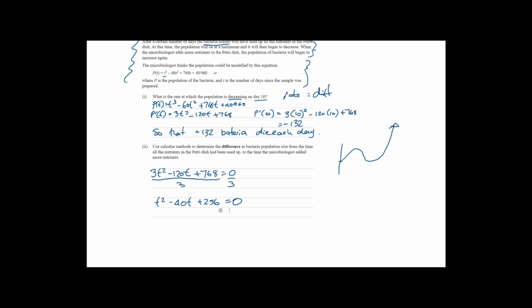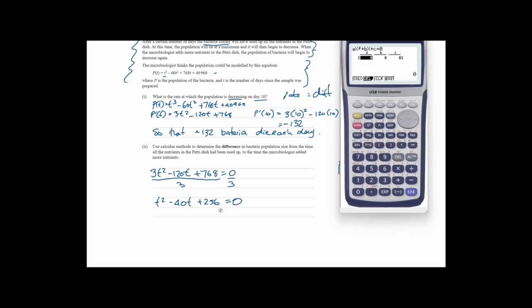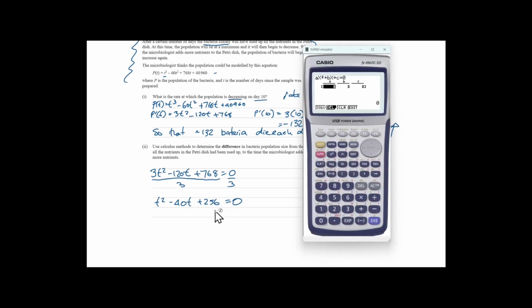So I'm going to use the calculator again. Okay, we're back. I just had to remind myself how to do these. Actually, I'll put in the original equation here so you can see how it works. So I went to equation F2 for polynomial solver.